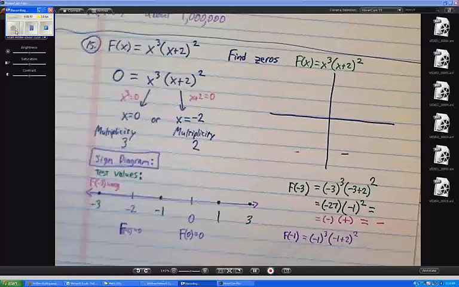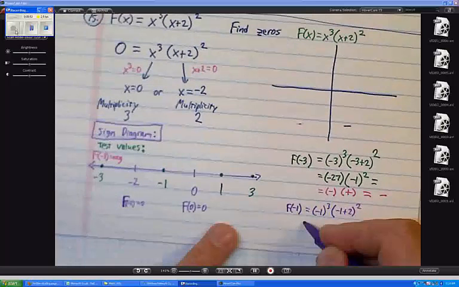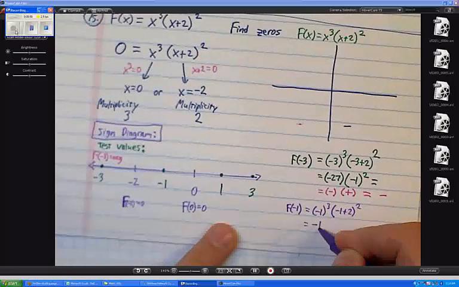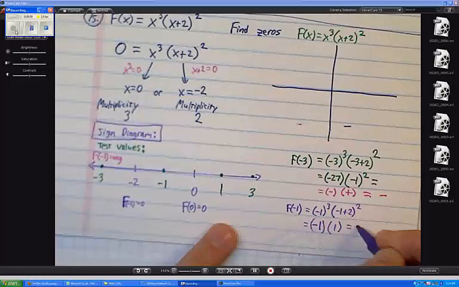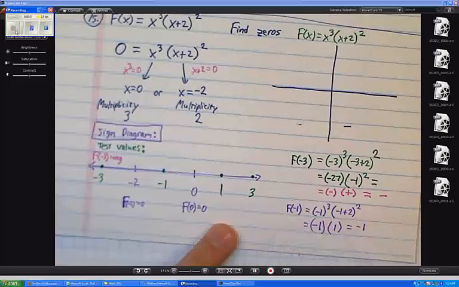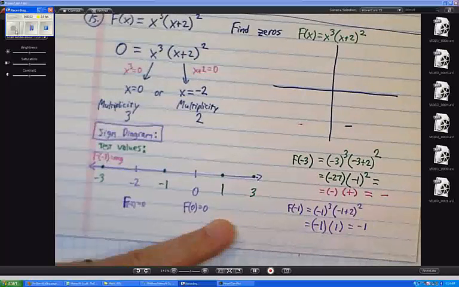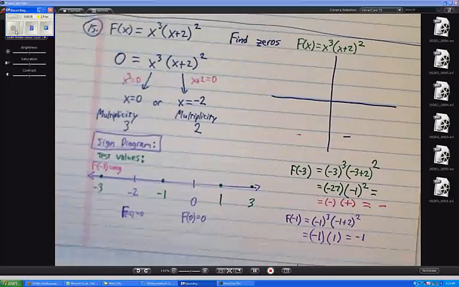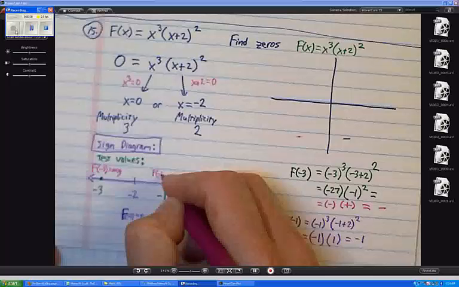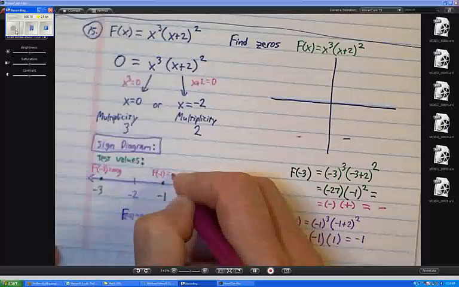So that's negative 1 times positive 1, right? So again, it is what? Negative. So f of negative 1 is negative.